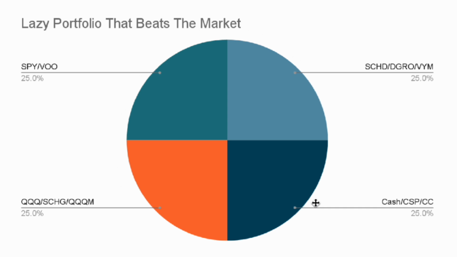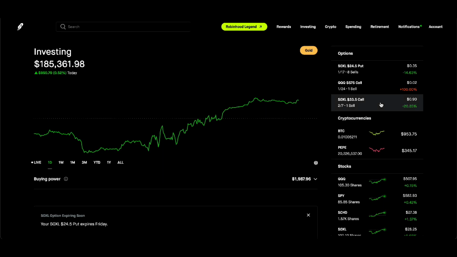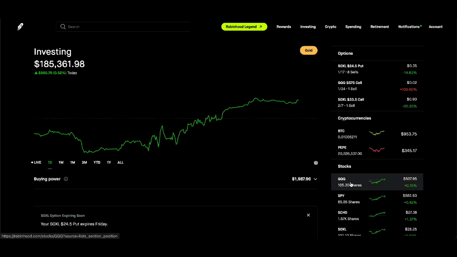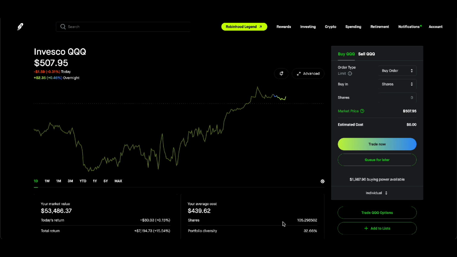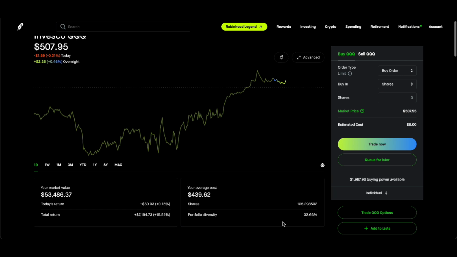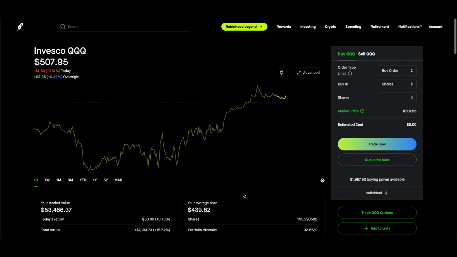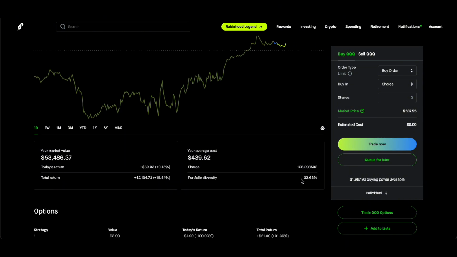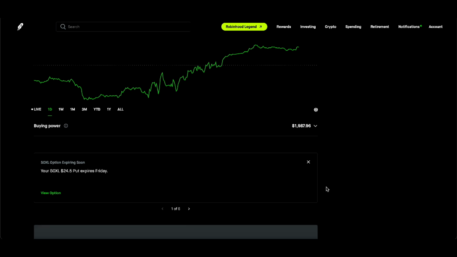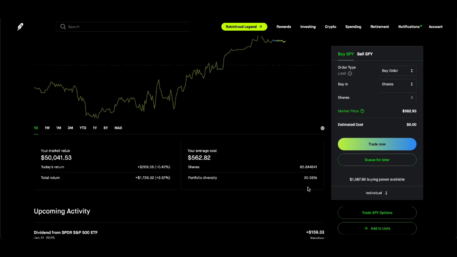But this portfolio is the lazy way of beating the index. And what I'm teaching you, I can show you, my current portfolio actually has a similar kind of division. If you see here, QQQ, or Qs as they call it, I have close to 33% of the portfolio invested. Then SPY, I'm investing more in it to get to 100 shares.